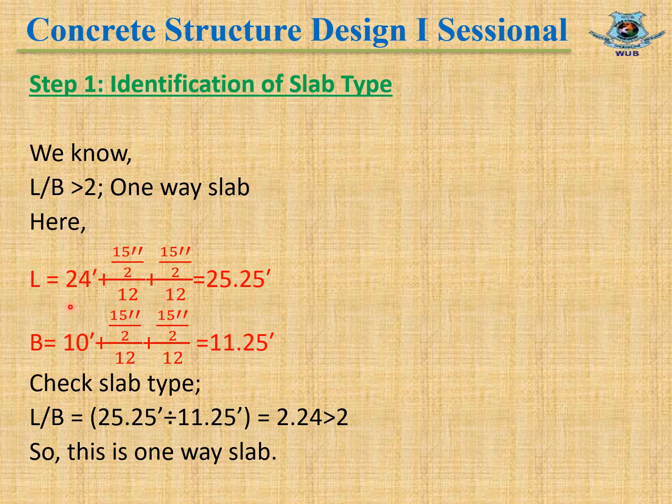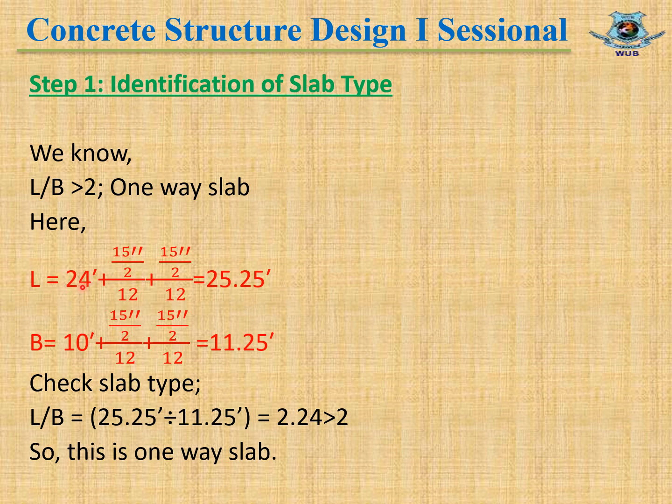Step 1. Identification of slab type. That means whether the slab is one way or two way. We know for one way slab, the ratio L by B is greater than 2. Here, L equal to 25.25 feet.